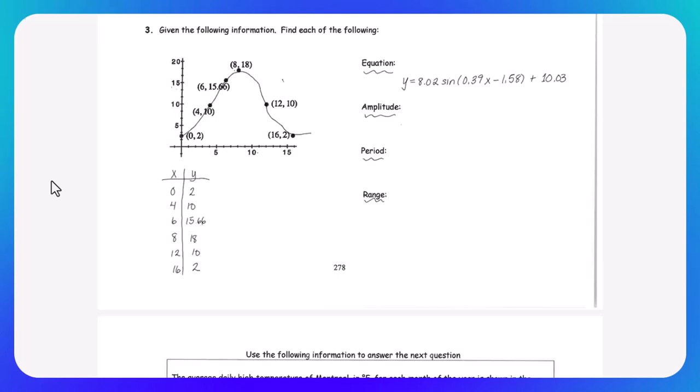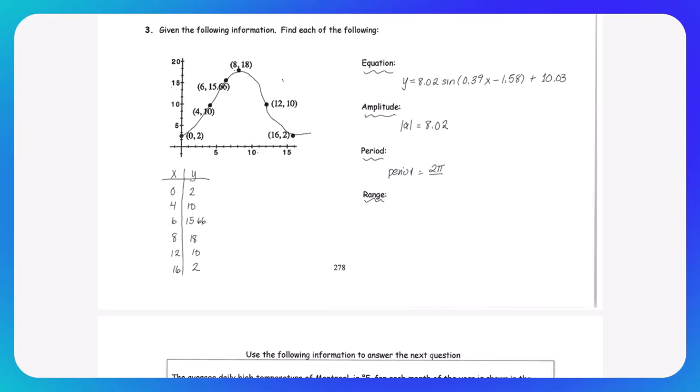So the first thing the question is asking, what is the amplitude? Well, the amplitude is the absolute value of our A, and we know that it is 8.02. This is unitless, so we don't have to worry about units here. For the period, we're going to say the period equals 2 pi over our B value.